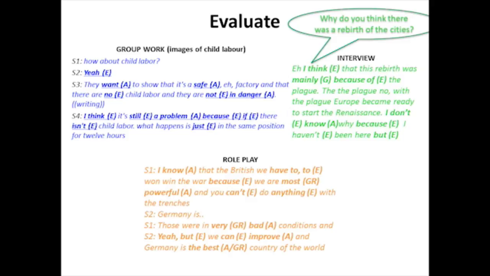"I think" recurs in all the contexts a lot. This seems to be like a formulaic expression of, hey, here I am, I am now uttering my personal position here. Or in the role play, you had a post-World War I dialogue between a German and a British soldier going on, where the students were expressing contrary positions.